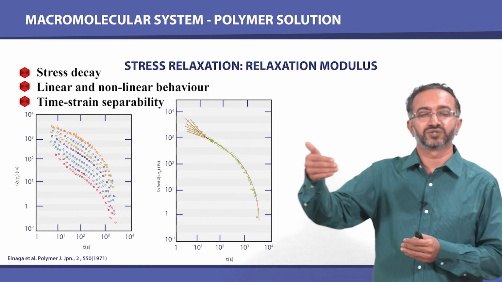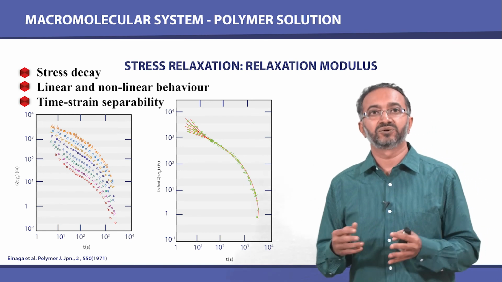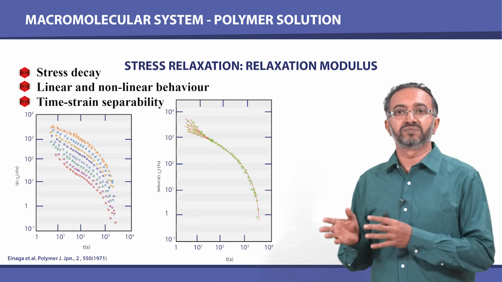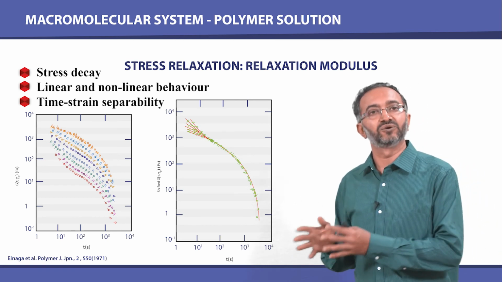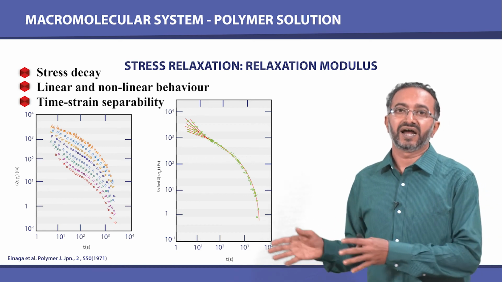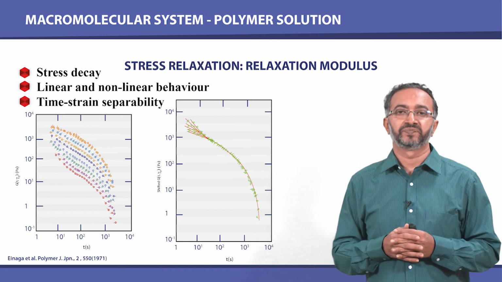If stress decays to a constant but non-zero value, then we know that it is a more solid like response. So, clearly because this is a polymer melt, we see that exceedingly low values of stress relaxation modulus are observed at high times. So, overall fluid like response is observed.